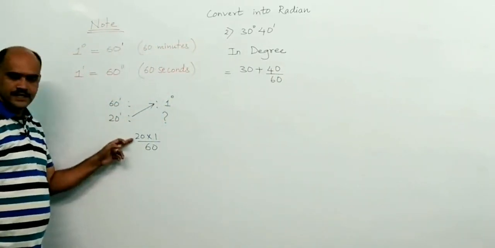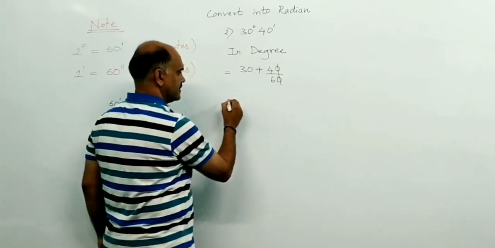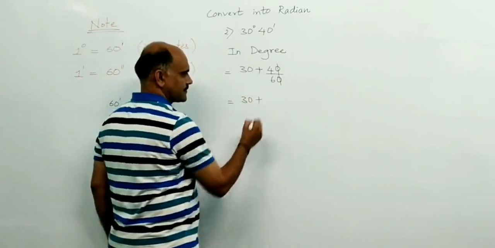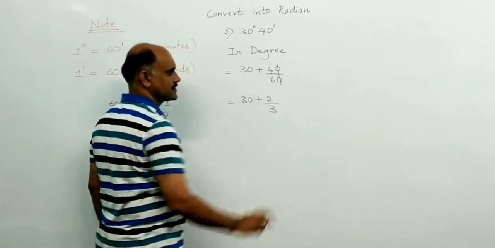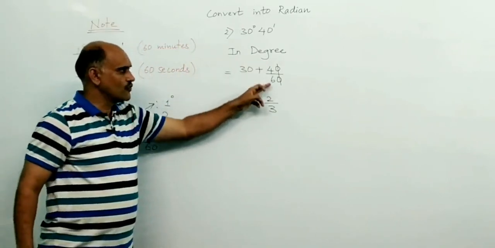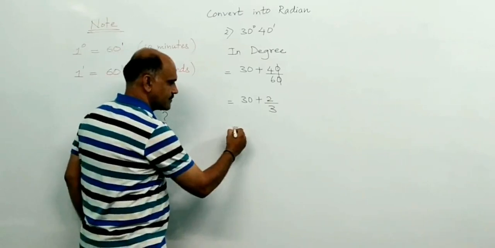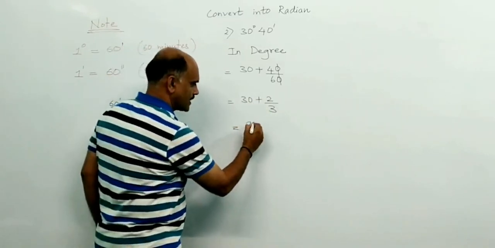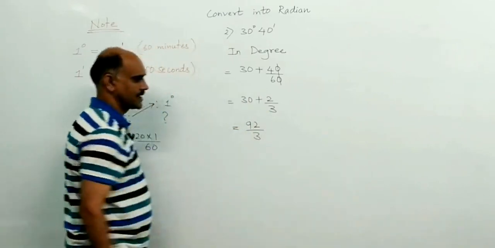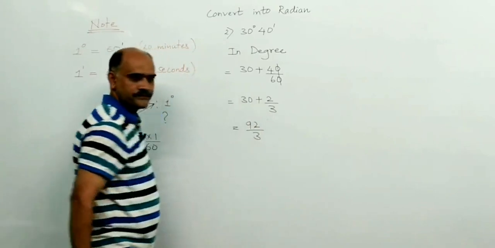Again, as I told, in the same way you can simplify here. So 0 gets cancelled. 30 plus 4 by 6, which is nothing but 2 by 3. 2 2s are 4, 2 3s are 6, you will have 2 by 3. Now take LCM: 30 into 3 is 90, plus 2 is 92. So 92 by 3. This is in degree.